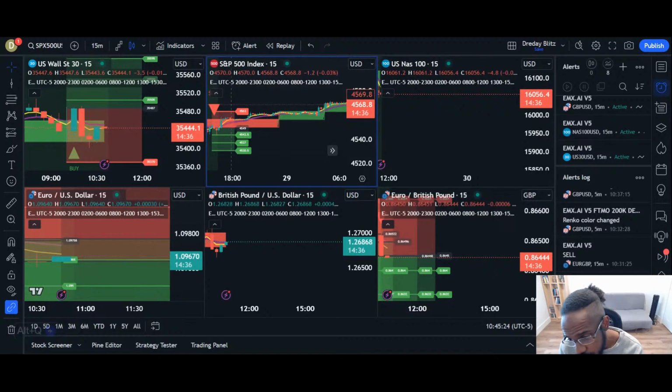EMX AI works on any type of market. It could be crypto, stocks, bonds, corn, sugar, electricity, you name it. It works on anything. Especially EMX is good if you love to trade with the trend.